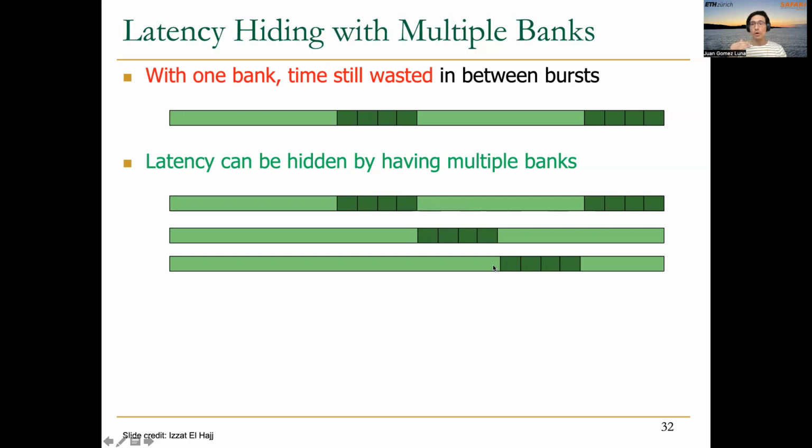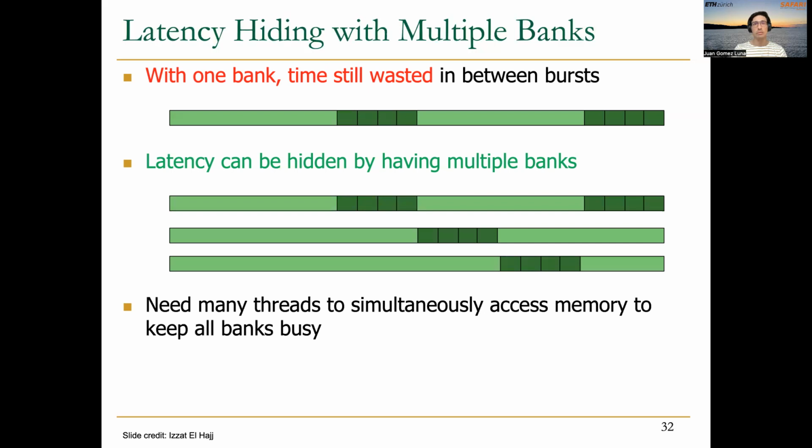So we are overlapping the long latency inside the DRAM memory array, the long latency of opening the row, with accesses to rows that are already open in different banks. And this way we can maximize the bandwidth.